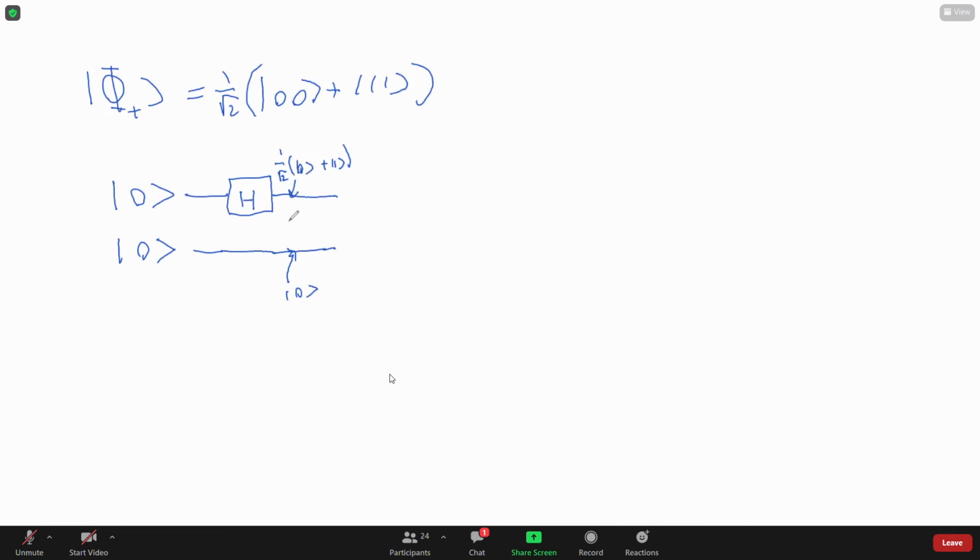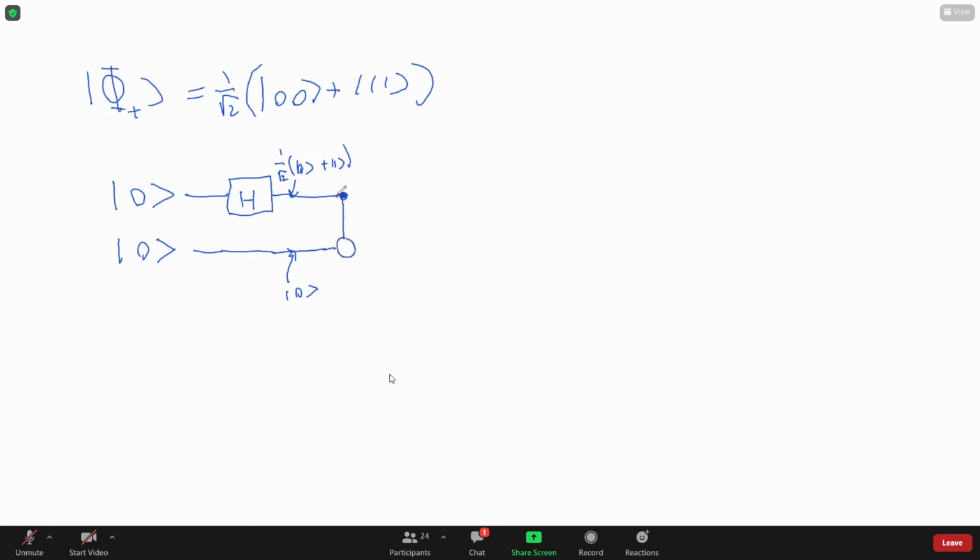But this is a good place to start, because what we would like is 0, 0, which matches this part, but the other part is 1, 0. So we want to turn 1, 0 into 1, 1. And that's exactly what we can do with a CNOT gate.